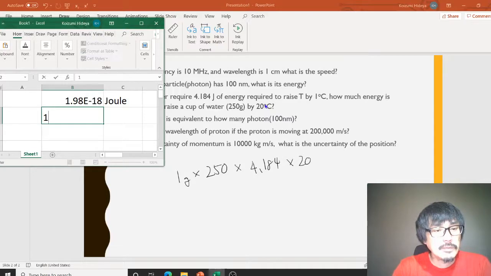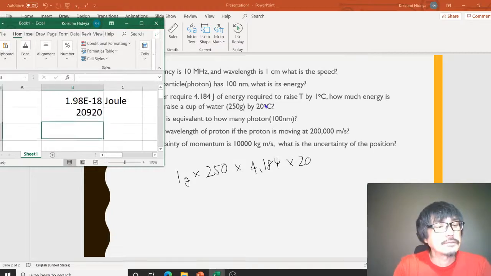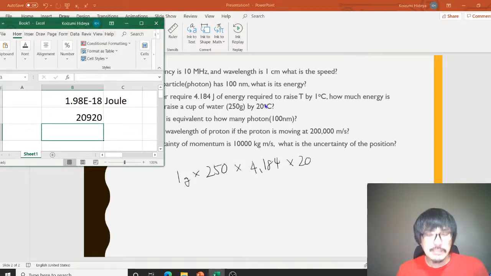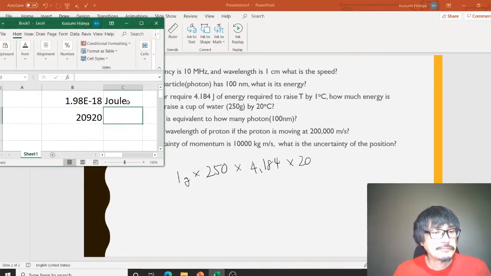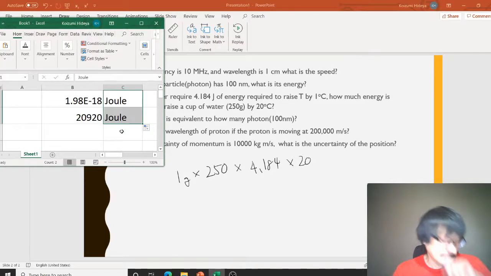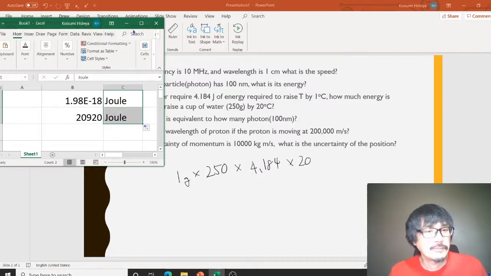So equal 1 times 250 times 4.184 multiplied by 20. So that's the energy I need to raise the temperature of the cup of water by 20 degrees Celsius. Alright, that's good enough.